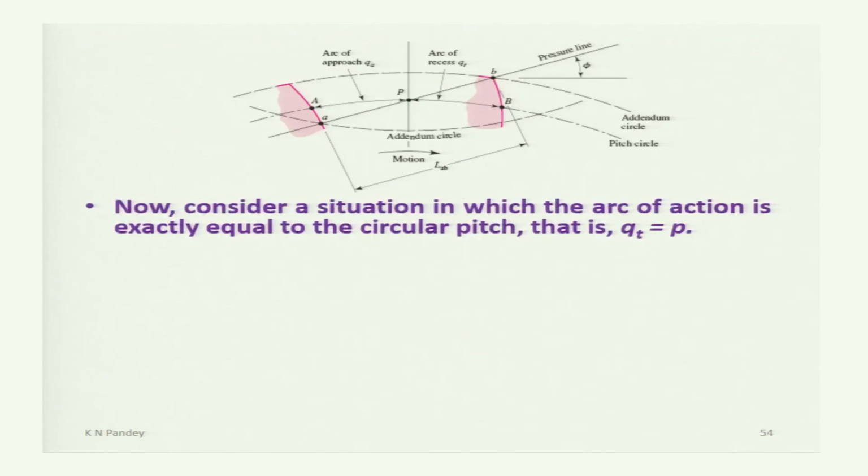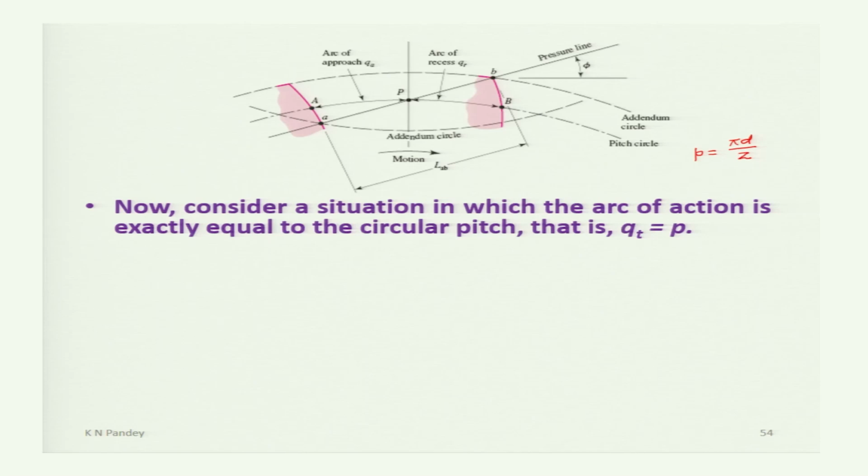Now consider a situation in which the arc of action exactly equals the circular pitch. That means Qt, this sum from A to B, is equal to the circular pitch. The circular pitch is represented by small p, and we know it is equal to pi d divided by the number of teeth. Pi d is the circumference of the pitch circle, and this circumference is divided by the number of teeth.